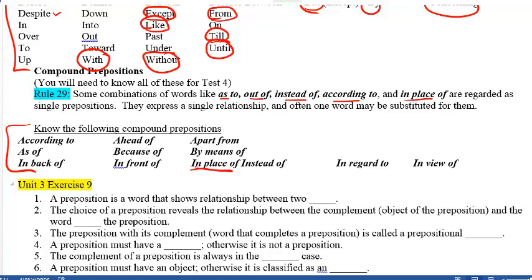If you do not write in place of, if you just do in, it will be counted wrong. In regard to is counted as one preposition. So please remember that if I ask you to write down the preposition, you need to write down all of that, not just the word in or something else.